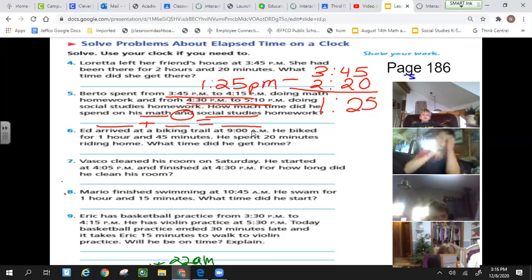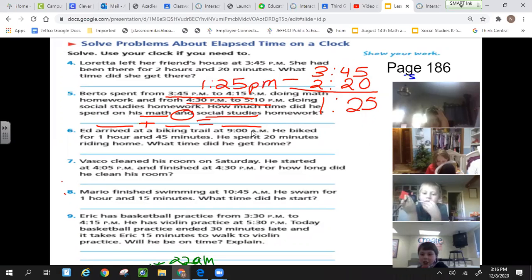So for 3:45 to 4:15, you could do 3, and I keep on adding to the 4:15.